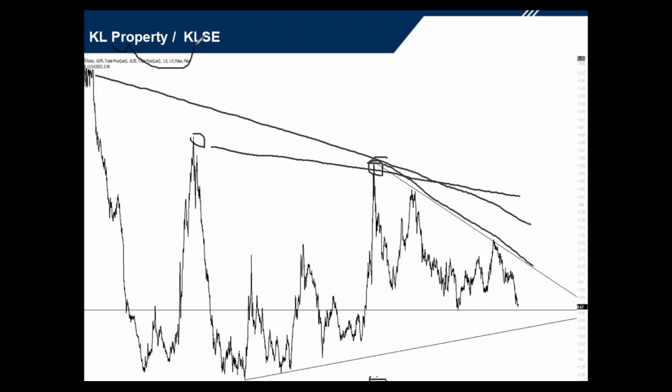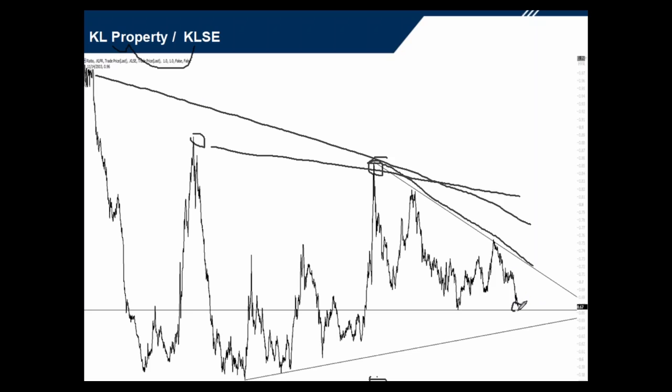So KLSE property as a sector has been underperforming since 2013, and you can see the year over here. And since 2005 it has been underperforming. In 2007 most people were trapped, it was underperforming.